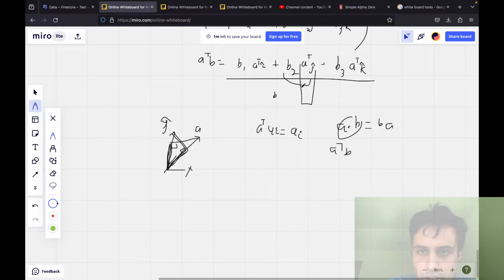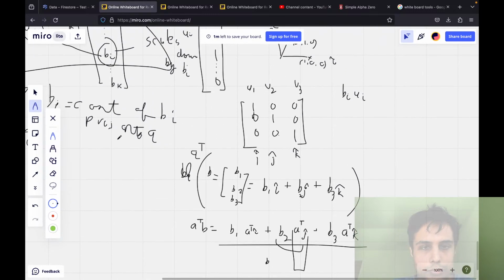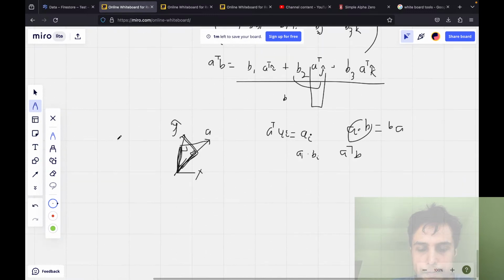So in the general case, we take ai and scale it down by bi. You do ai times bi, sum them over all the i's, and that is the definition of the dot product. So yeah, that's pretty neat.